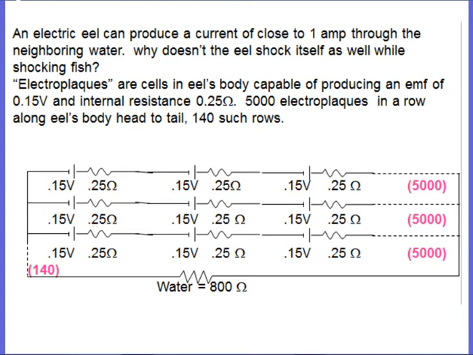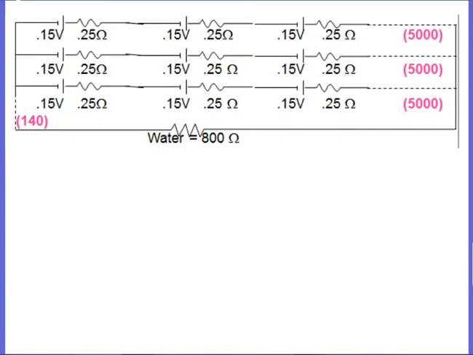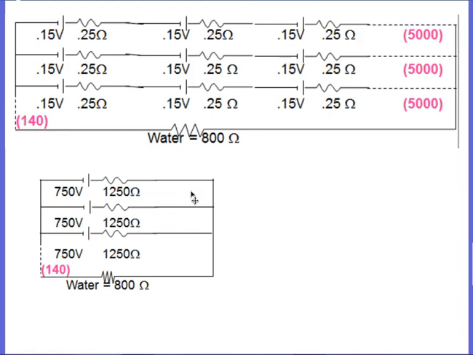We'll simplify that circuit by adding these together, and I'll add the voltages together. 5,000 times 0.15 is 750 volts, and I'll add all the internal resistance together. 5,000 of those is 1,250 ohms.